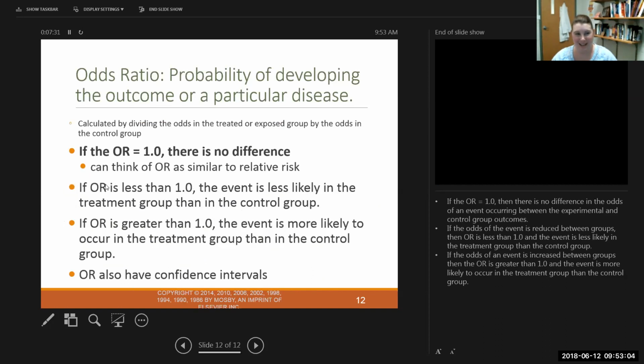If the odds ratio is greater than 1, the event is more likely to occur in the treatment group than in the control group. I'm getting myself switched around here. If it's less than 1, the event is less likely to happen in the treatment group.